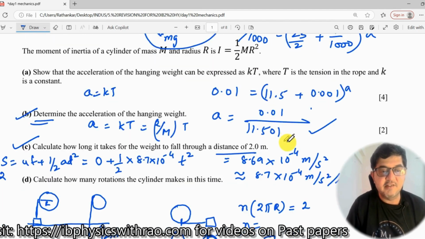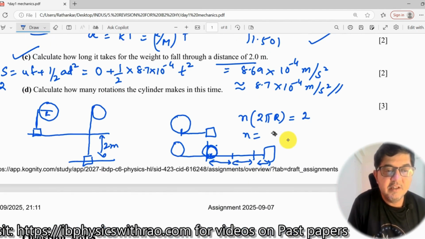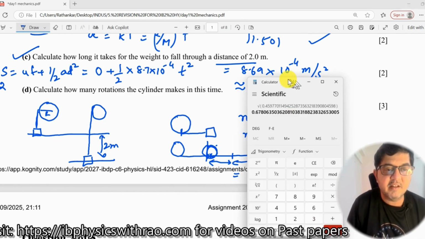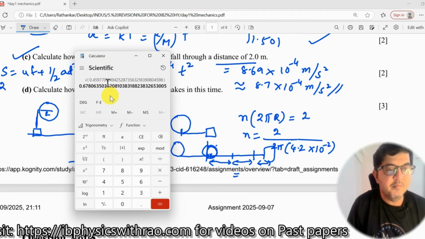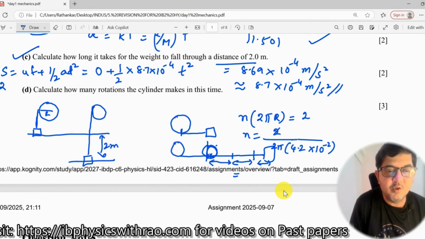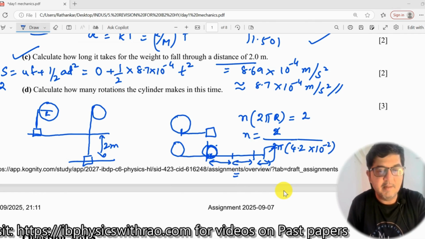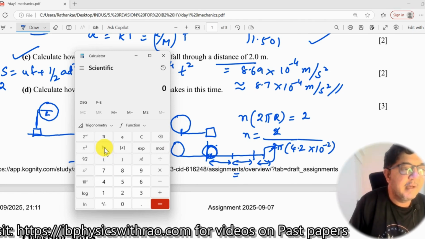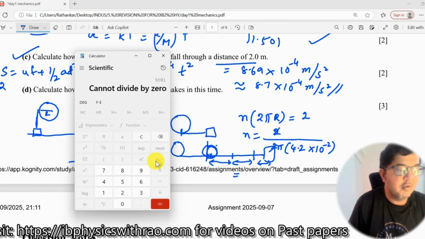Okay, now let us take up this. So therefore, this should be 2 divided by 2 pi into 4.2 into 10 to the power of minus 2. I'll write like this. So this will now give rise to, let us find out using our calculator. The 2 and 2 go away here. Let me put it up once again. So this would be 1 divided by pi into 4.2.